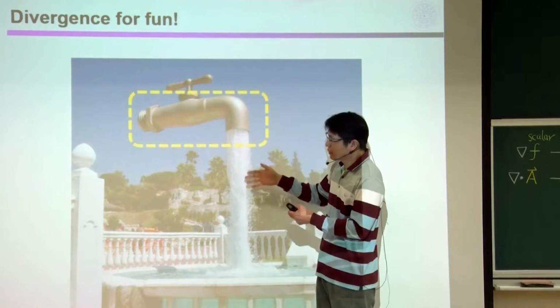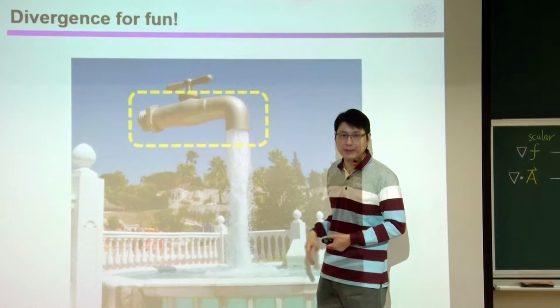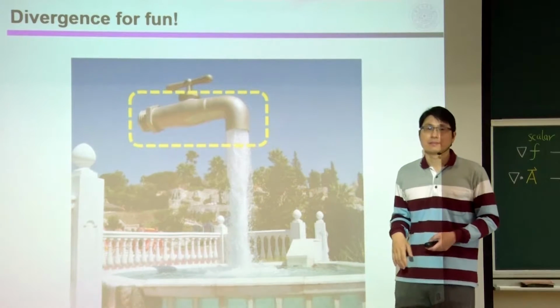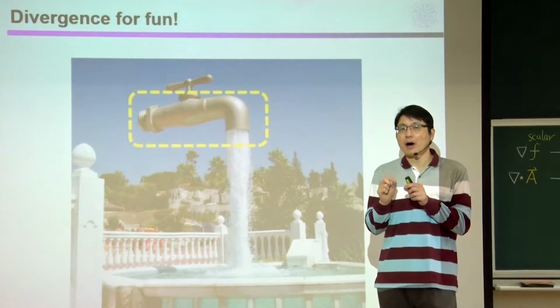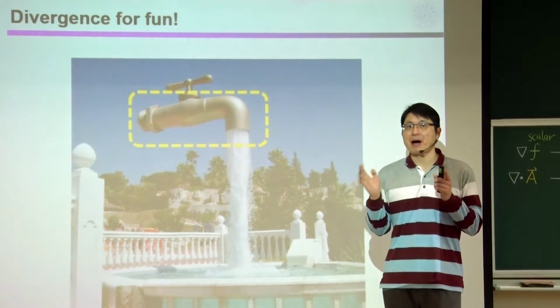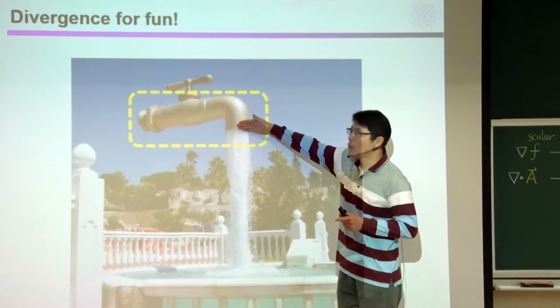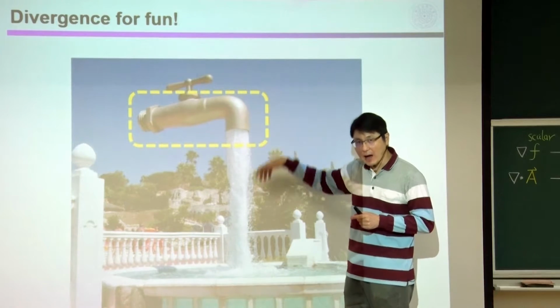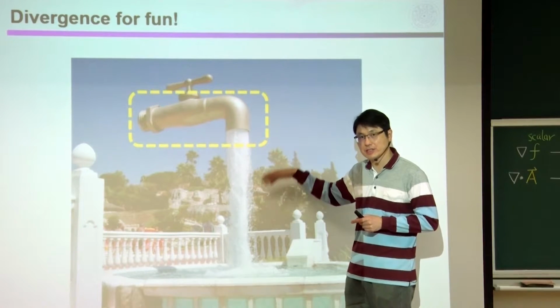Ideally, if you don't know the trick, you have water flowing out. So the net outward flow is positive, because water flowing out is outward. Okay? So it is positive.